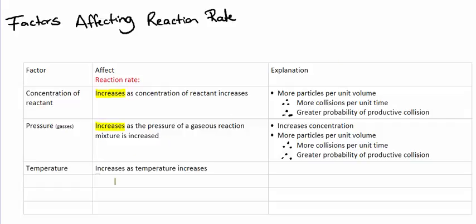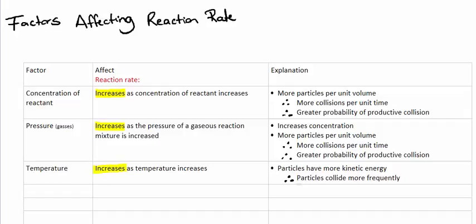The next factor we'll have a look at is temperature. Basically, reaction rate increases as temperature increases. At higher temperatures, particles have more kinetic energy. Because of this, they're moving faster and they are going to collide more frequently.